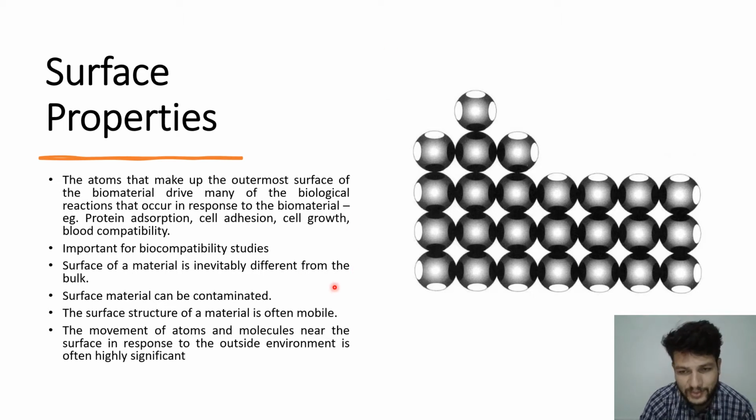To give one specific example, in response to an aqueous environment, if some surface is in water, the surface may reverse its structure and point the polar hydrophilic groups outwards, and hydrophobic groups will go inwards into the material. And these hydrophilic groups then interact with the water.